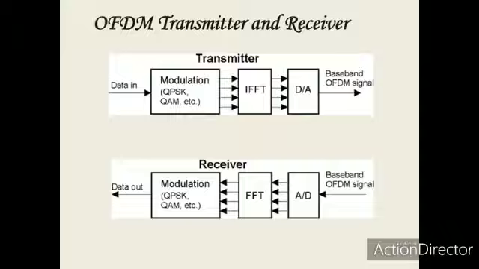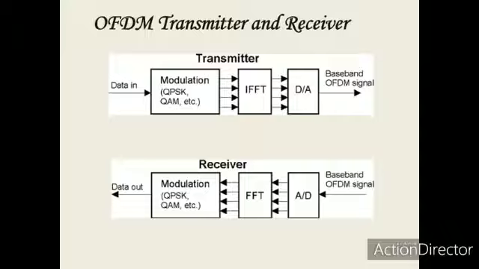In the transmitter of OFDM, the data is supplied to the modulation unit. The modulation unit modulates the carrier signal and message signal, and it is given to the inverse Fourier transform, and the signal is supplied to the digital to analog block.